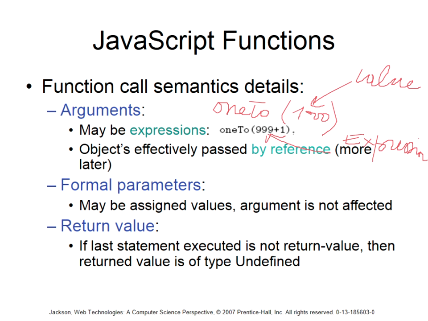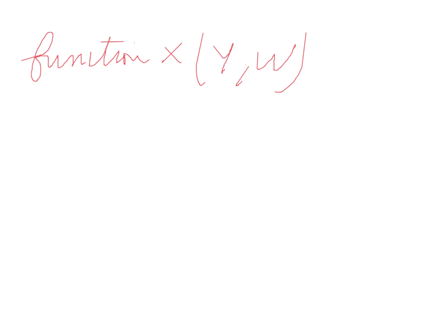Formal parameters may be assigned values, but the argument is not affected. For the return value, if the last statement executed is not a return, then the returned value is of type undefined. What is the meaning of this? For example, if I have function(x, y, w), I have many statements, and after that I have a return of a value here.